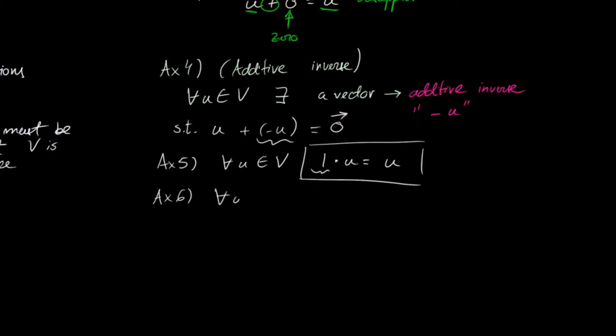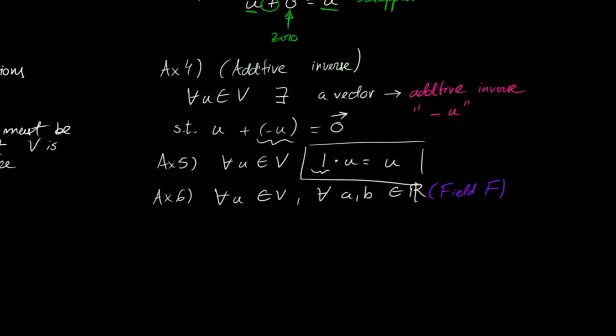Then axiom 6 says that for all u belonging to V, and for all the scalars a, b, that belong to the real numbers. So in this case, our field is the real numbers. So this is my field F. In this particular axiom, my field F is R. You could probably make this more general into C, but for the purposes of this course, we just keep it for the real numbers.